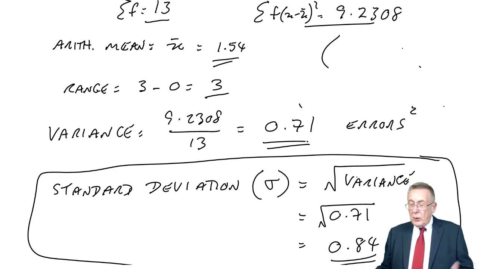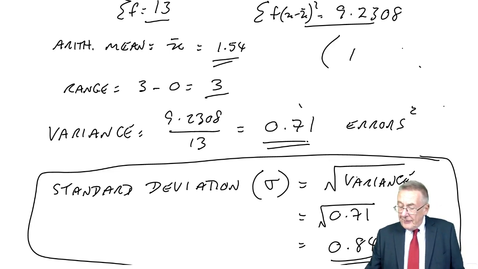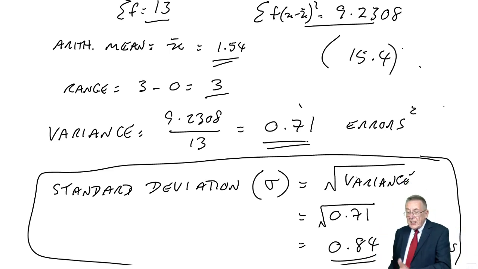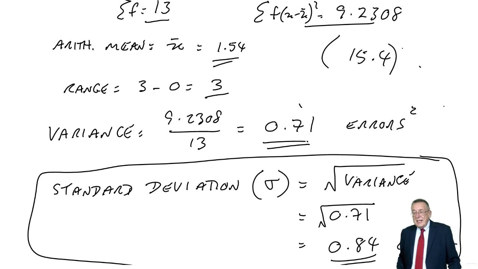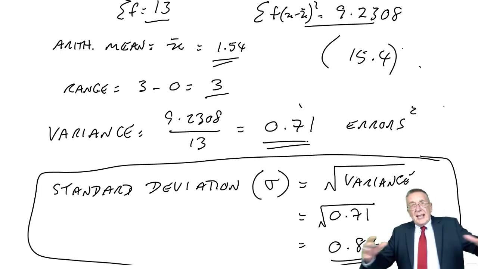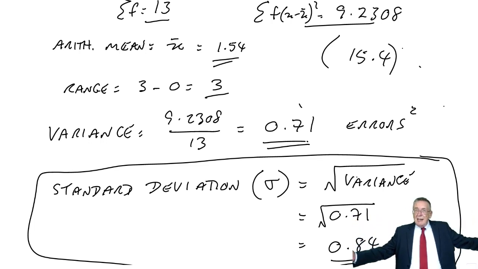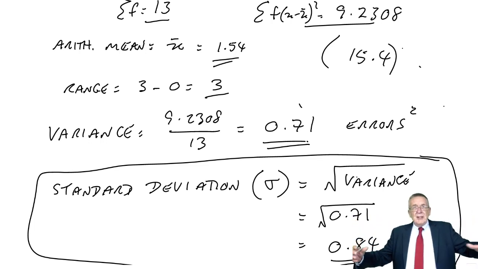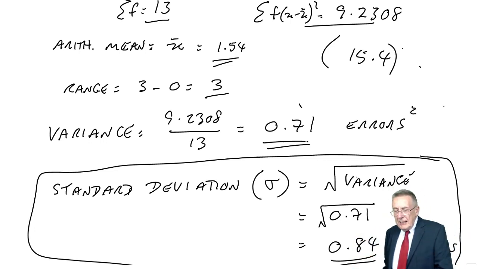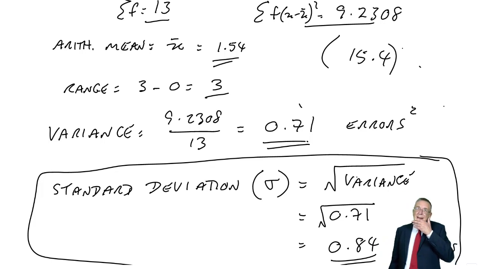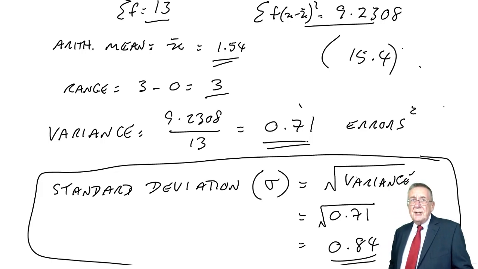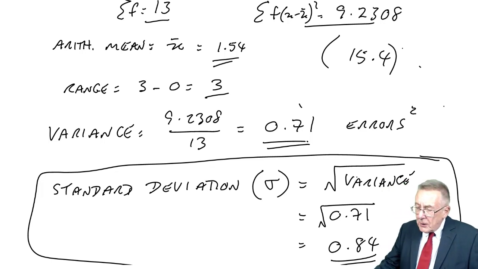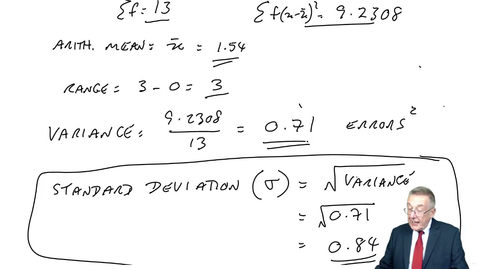Suppose, a completely different question, the average had been 15.4, but the standard deviation was still 0.84. The point is, the bigger the mean is, the bigger the observations are, the bigger a spread you'd accept. So if the average was 15.4, I'd in a sense be willing to accept a bigger standard deviation. And so the coefficient of variation relates the two together.